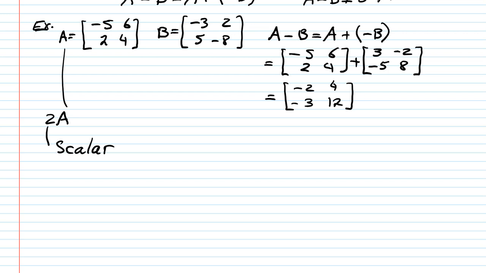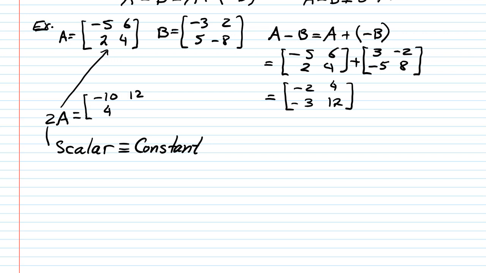So we're multiplying a constant 2 times A, or scalar 2 times A. So keep in mind scalars are equivalent, or this symbol, the 3 line, means identical. Scalars are identical to constants. Scalars would be constants. So how do we do 2A? We just double up on everything. Okay, again, this is my A. I'm going to double up on every element. So that's going to be -10, 12, 4, and 8. Okay, it works the way you would expect it to work.